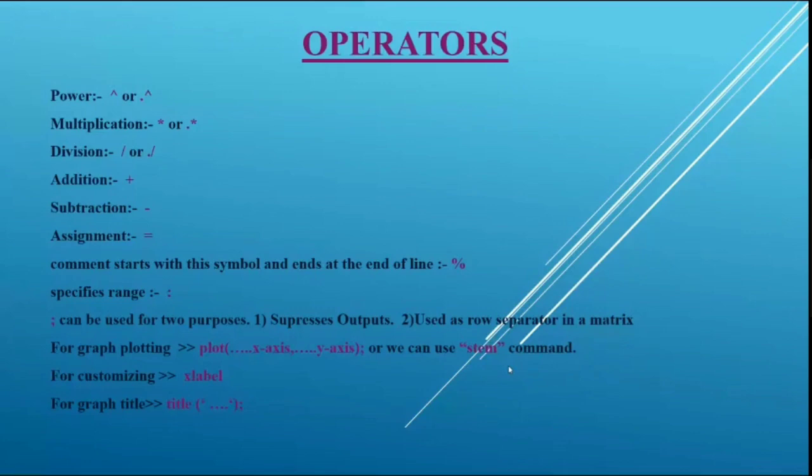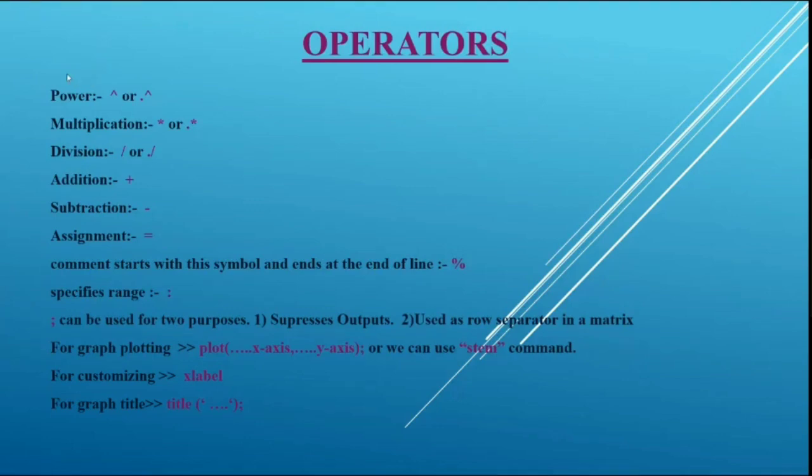Now we are moving into the basic operators, which are mostly used in MATLAB. As you can see, we have the power operator, multiplication, division, addition, subtraction, and assignment operators. While you know addition, subtraction, and assignment, for power, multiplication, and division there are two variations: the power (^) and the dot power (.^). The plain power is used for matrices.